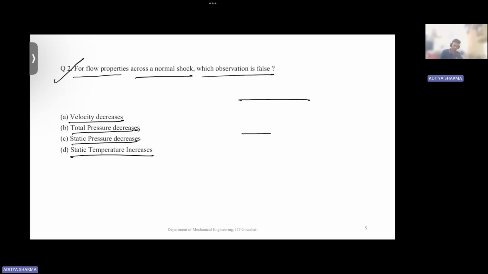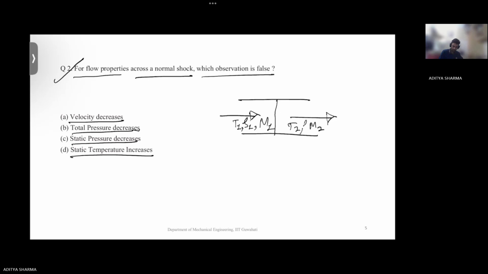So if we talk about a stationary normal shock, okay, here you're across the normal shock.